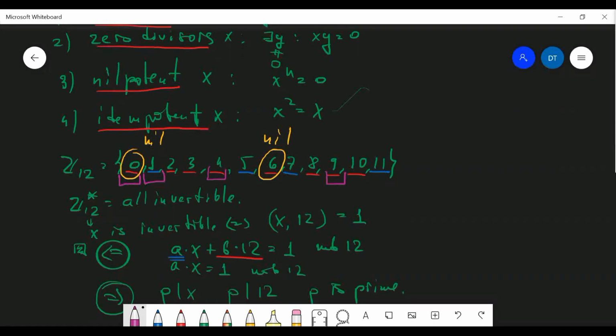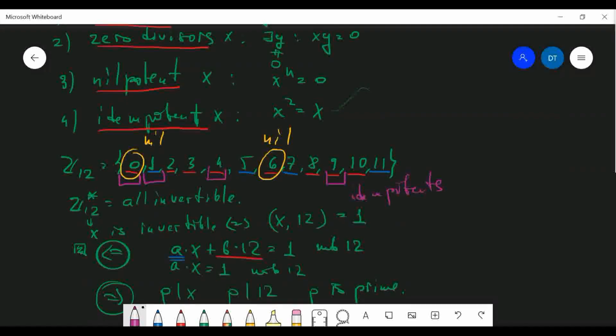Actually, 9 is the same as minus 3, and if we want to calculate 9 squared, it's the same as minus 3 squared. Oh, okay, good. Yeah, it's even better. So this is the list of all idempotents. The other ones are not.